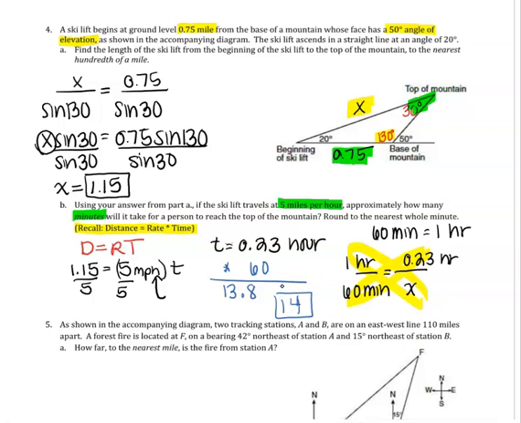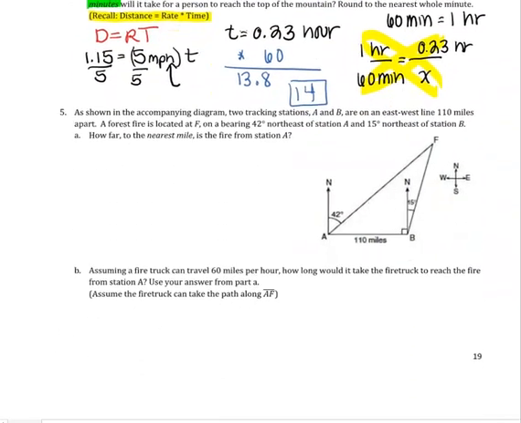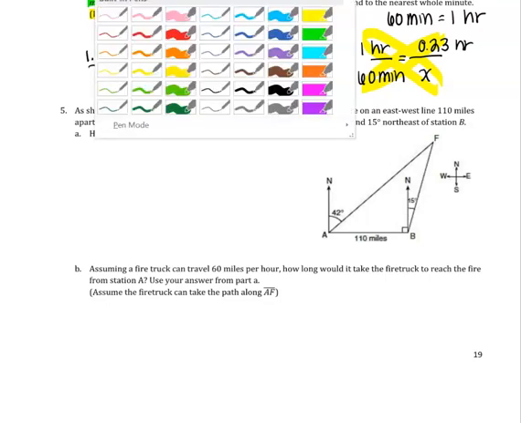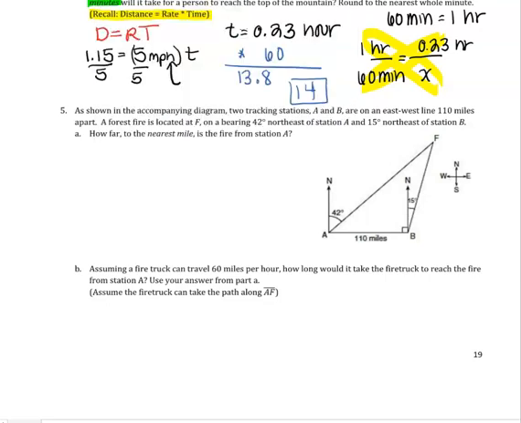All right, we got just one more problem to go through. As shown in the accompanying diagram, two tracking stations A and B are on an east-west line, so side to side, 110 miles apart. A forest fire, oh no, is located at F. So here's your fire.